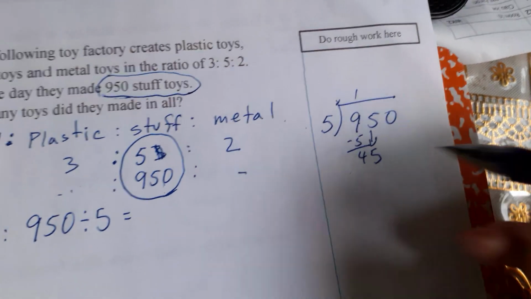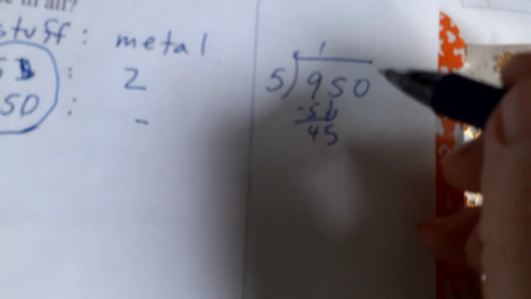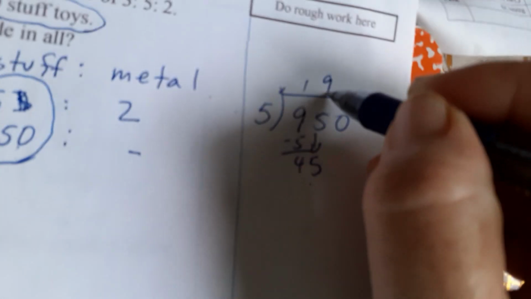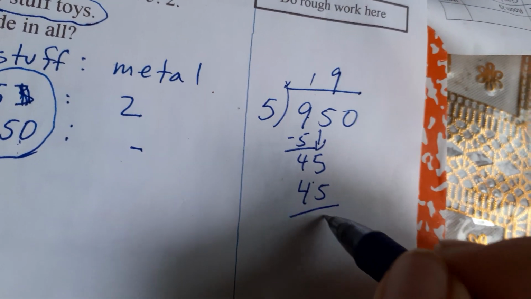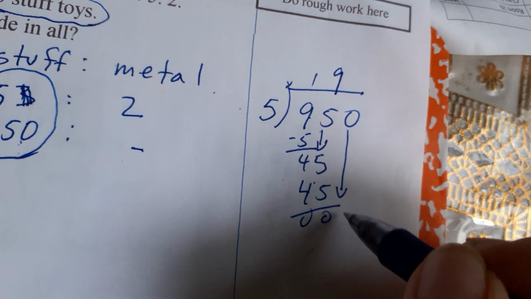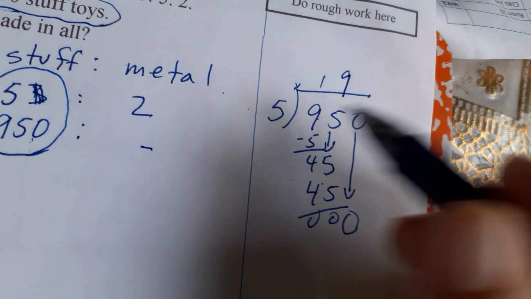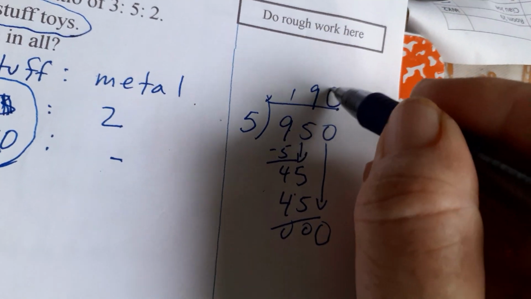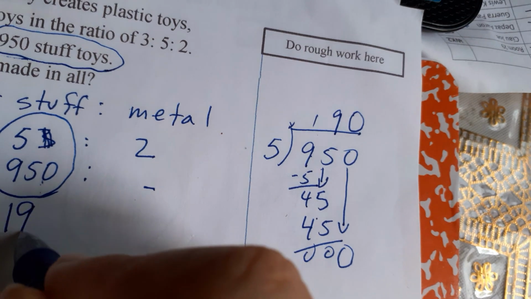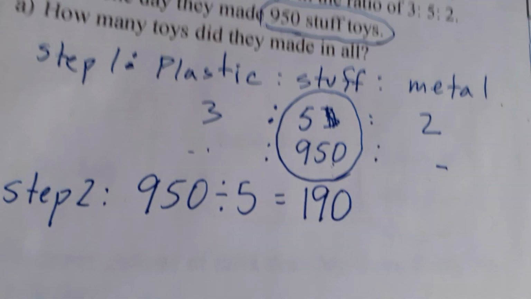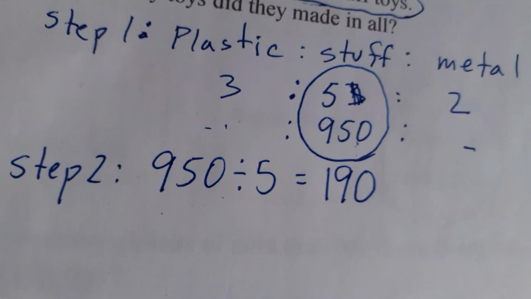We bring down the 5. 5 into 45 is 9. 9 times 5 gives us 45. We bring down the 0. Because it's a number that we bring down, we need to divide. 0 divided by 5 is 0. So our rate is 190. Okay, 950 divided by 5 is 190.